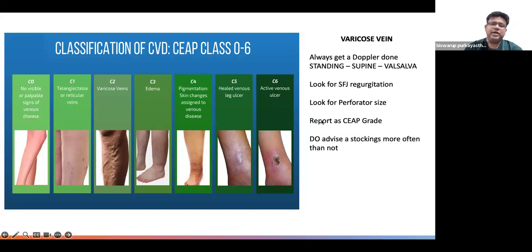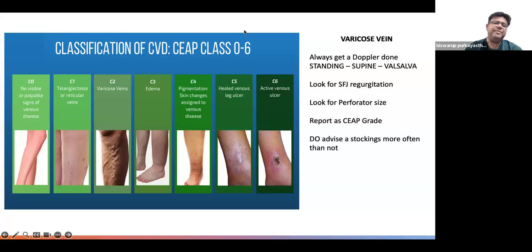Okay. So whenever talking of varicose veins in today's time, we are not talking about mild, moderate, severe. We are straightforwardly talking about the CEAP classification, which classifies the varicose veins from C0 to C6.